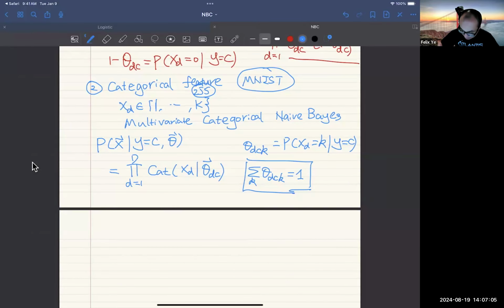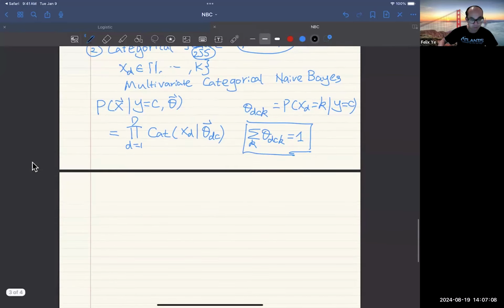All right. So the third one we can think about is real-valued features.